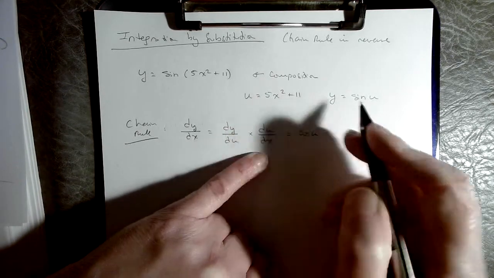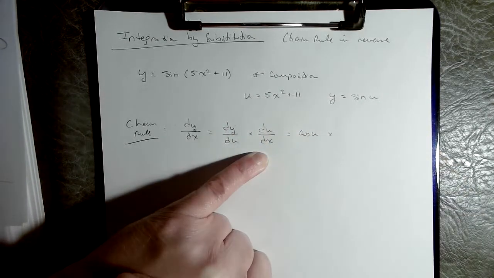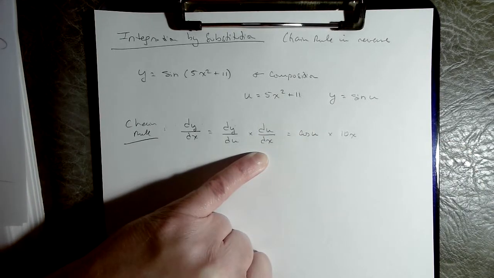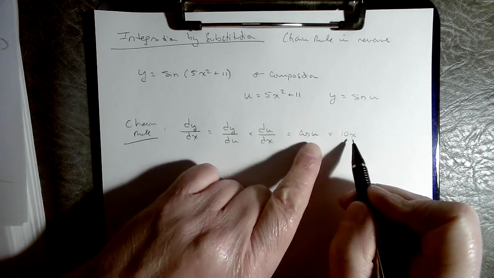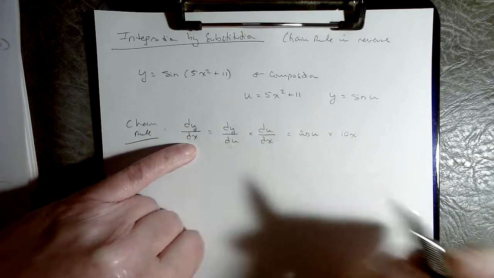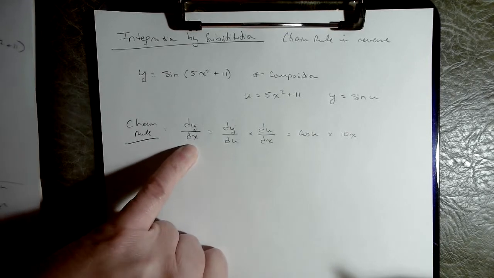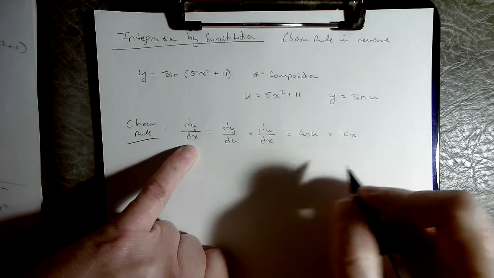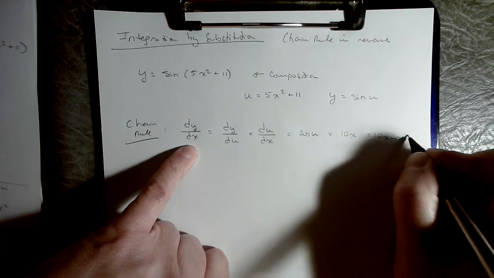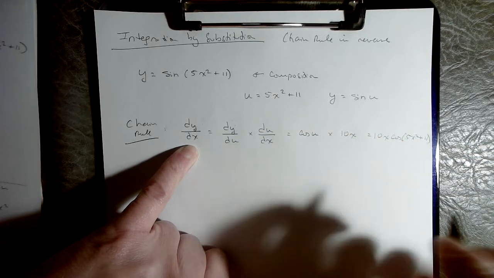And du/dx is now a much more manageable thing to think about. That's going to give me 10x. Then you say, okay, I don't want to mix and match variables. I wanted to be in terms of x. u was just an intermediate to help me along the way. So you tidy that up as 10x times the cosine of 5x squared plus 11.